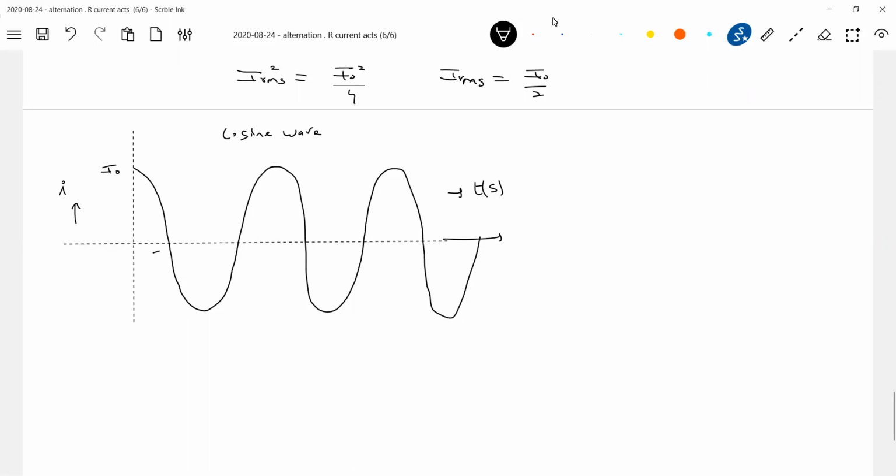So this should be equal to T by 4, T by 2, 3T by 4. This is T. So what part of the graph will repeat? 0 to T. So this will be 5T by 4.